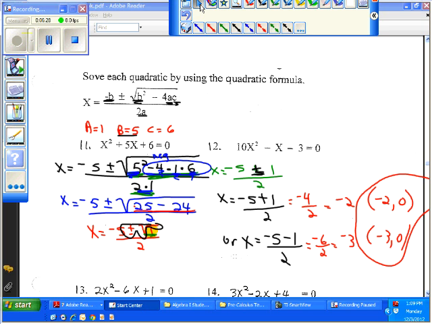Any questions on number 11? So we solved the quadratic using the quadratic formula. Okay? I'm sure you recall that from Algebra 1 and Algebra 2 and geometry. Okay? There you got it.